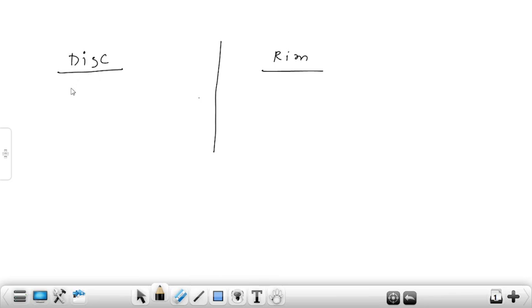So we know the mass moment of inertia I is equal to, for disc type, half m r square, and for rim type, m r square.